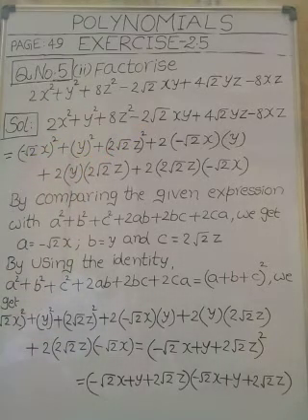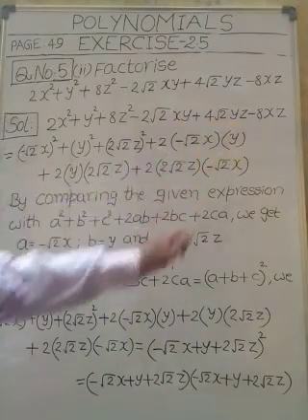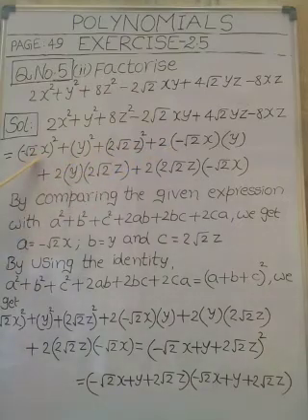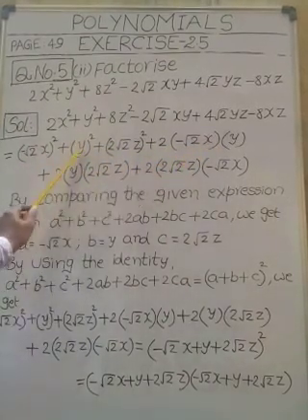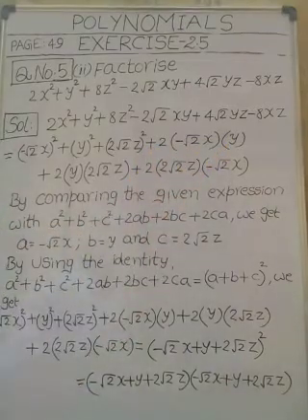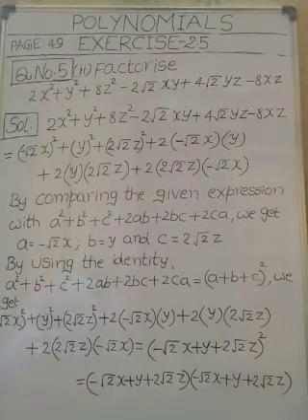We got 3 terms. Now we directly write the remaining 3 terms, plus 2ab plus 2bc plus 2ca, without seeing these 3 terms. So plus 2, what is a here? Minus root 2x. What is b here? Y. So I wrote here the plus 2ab term. Understood this fourth term, my children?